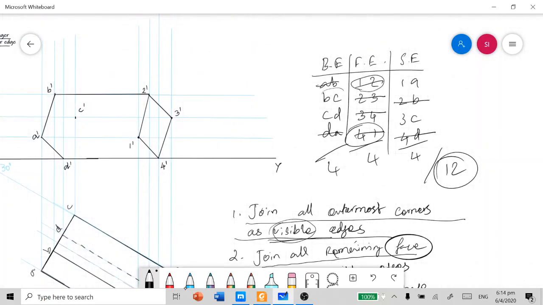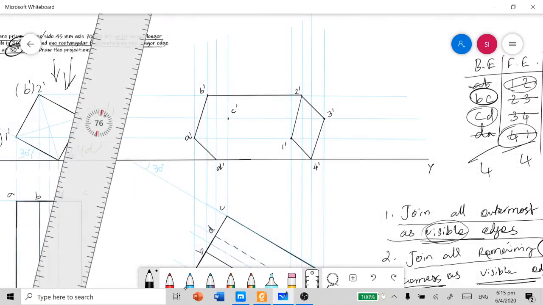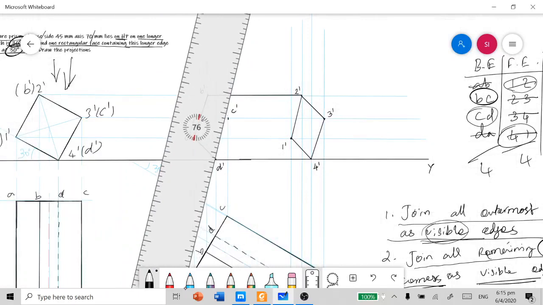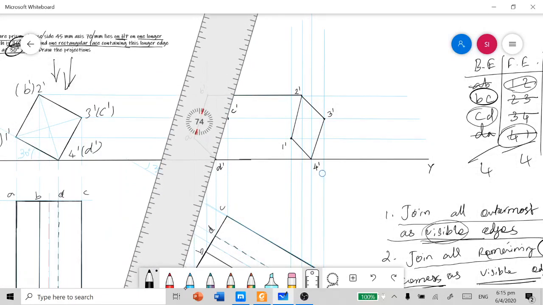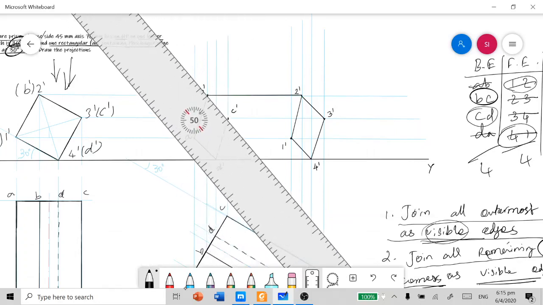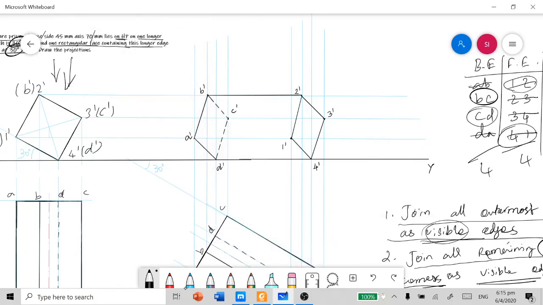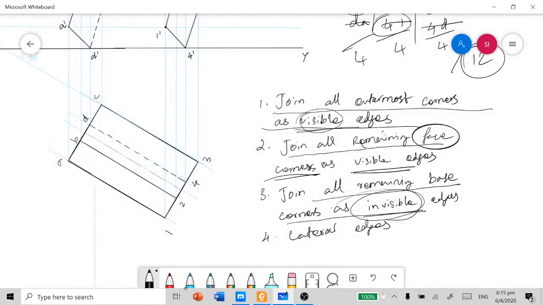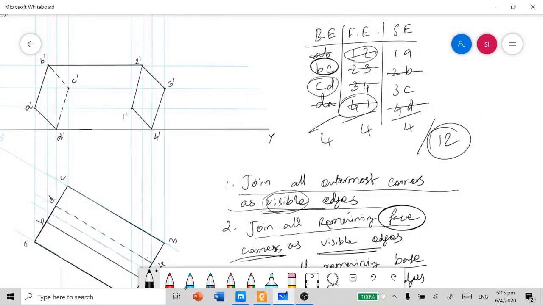The remaining base corners are BC and CD. These two edges need to be connected as invisible edges. With the dashed line format, I am connecting these two as invisible edges. And then the third rule is what we just followed, and by following this rule the remaining base edges also get connected. So now we totally connected 8 edges, and in the lateral edges, 2 edges.